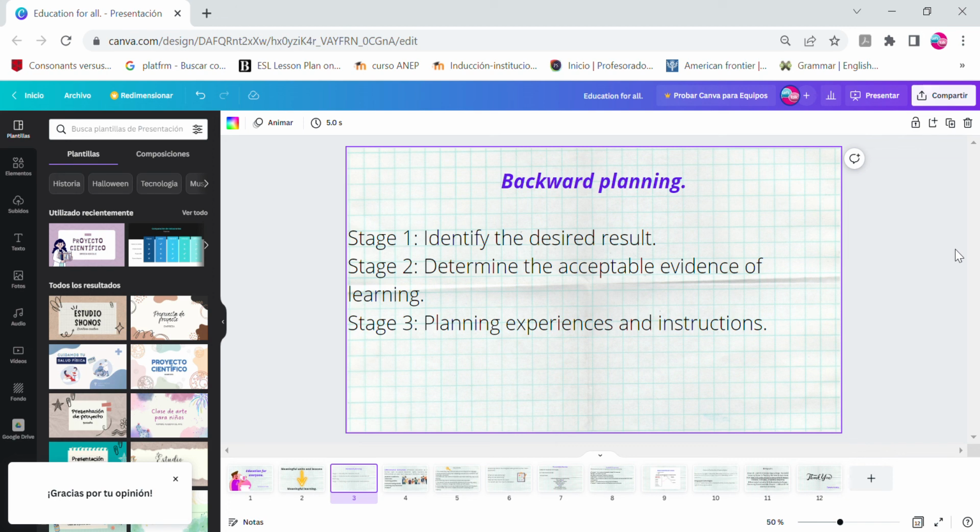In stage 2, determine the acceptable evidence of learning. This stage, of course, is very important because we know how we're going to measure students' knowledge. The activities, of course, can be varied according to our students' needs and abilities.